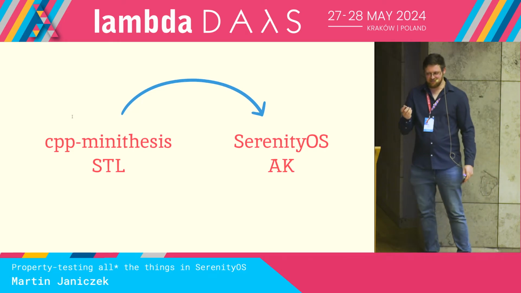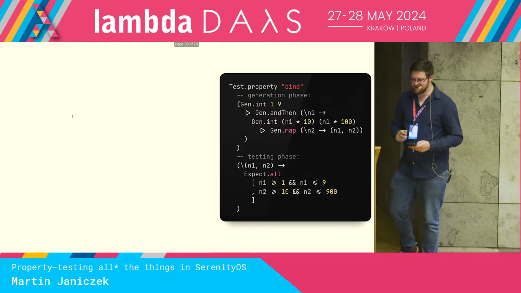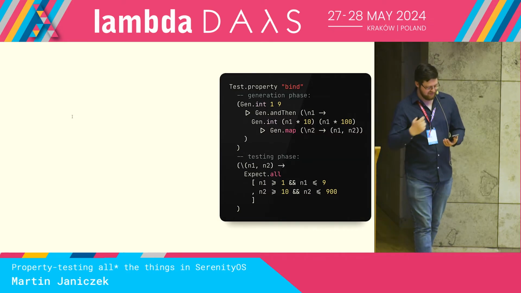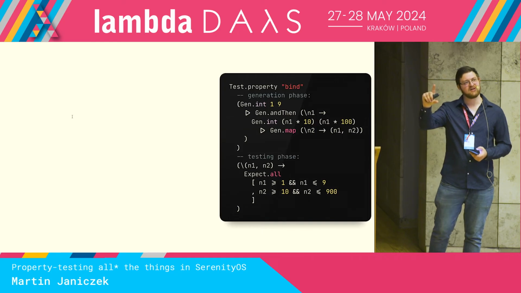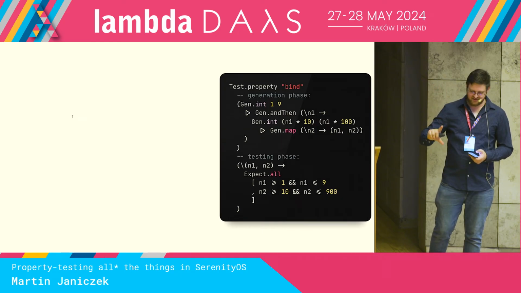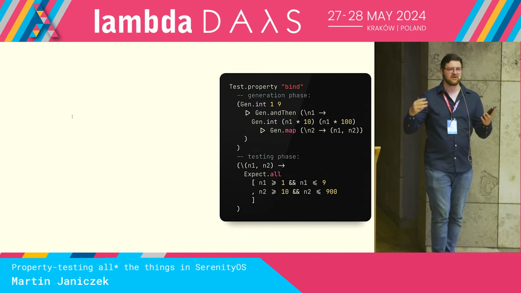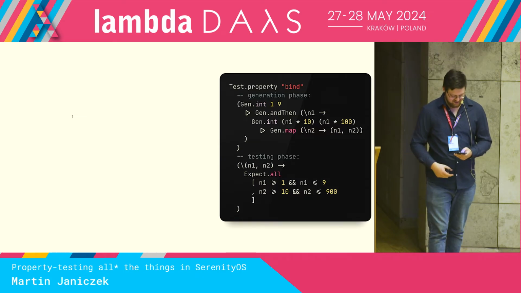So I ported this to SerenityOS. A very interesting thing happened in the middle of the development. The API that I'm used to from Elm, a pure functional language, is that there's a generation phase for the test and a testing phase. And you cannot mix between them. You cannot generate something in the middle of testing.